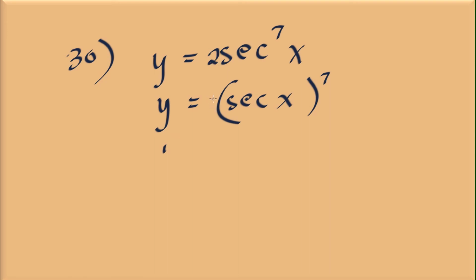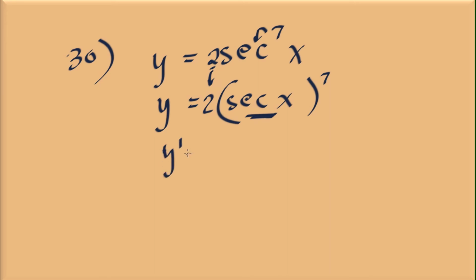Okay, so 2 secant to the seventh of x. Now the seventh power is only applied to the secant. Okay, so I just added the 2. That means if I'm going to raise something to the seventh, it's just going to be secant x. Now this 2 has to be written outside that.